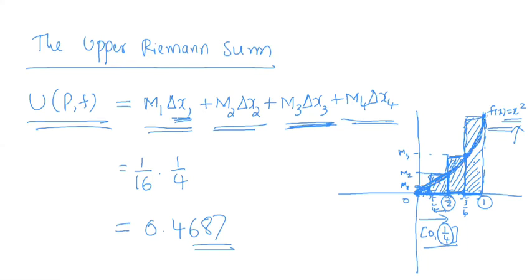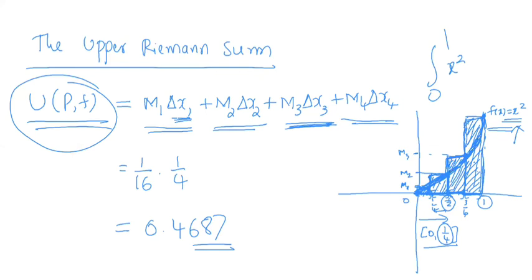What I actually need is the integral of x square from 0 to 1. It is the area under the curve. So this is the curve, and you need the area under the curve. But in the case of the upper Riemann sum, along with the area under the curve, you are calculating the area of triangles which lie above the curve.